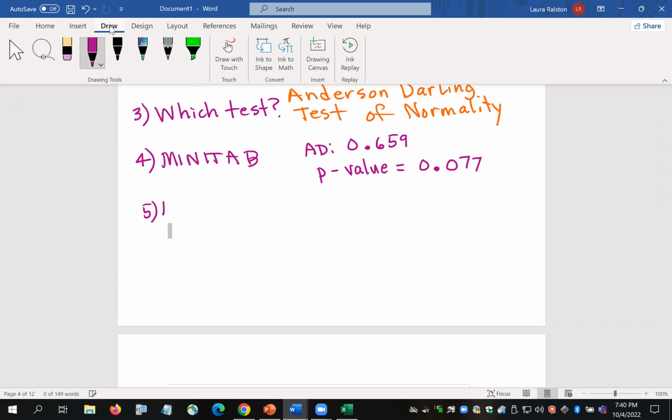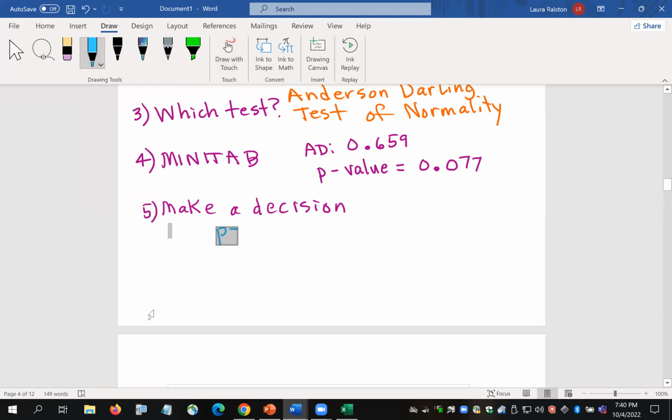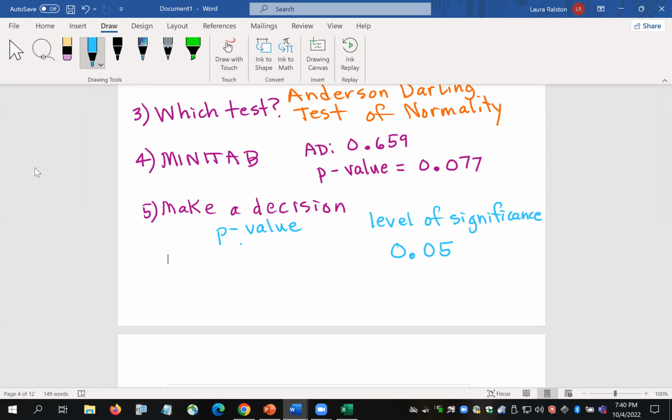Step 5 is we make a decision. To make a decision, we compare the p-value to the level of significance, which I gave you earlier as 0.05. My p-value from Minitab was 0.077.